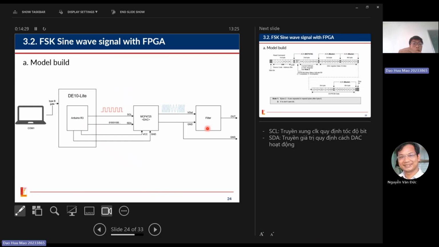In this model, SCL transmits the clock, which will define the timing in transmission, and SDA transmits the data the way the DAC works, to provide the output signal.